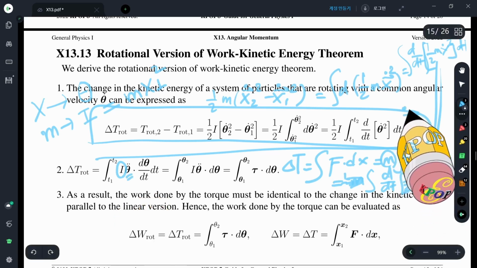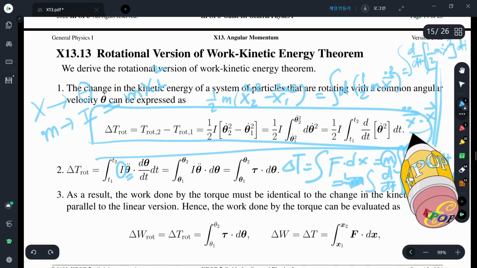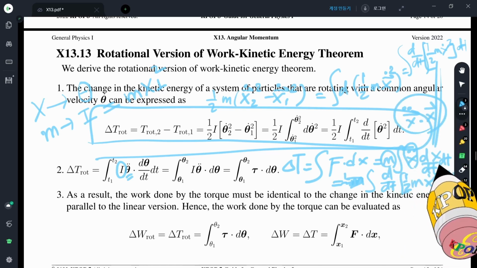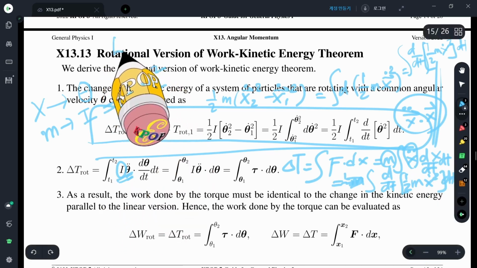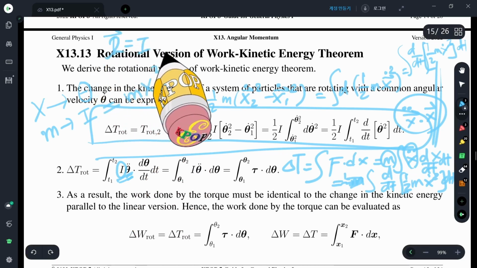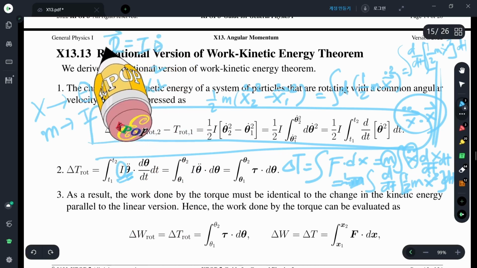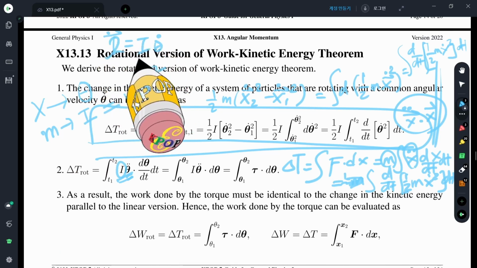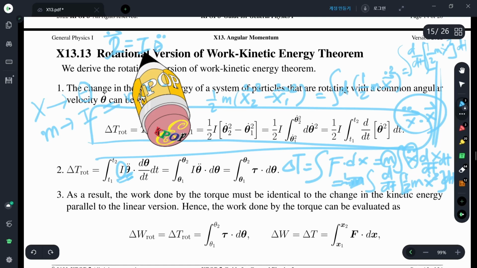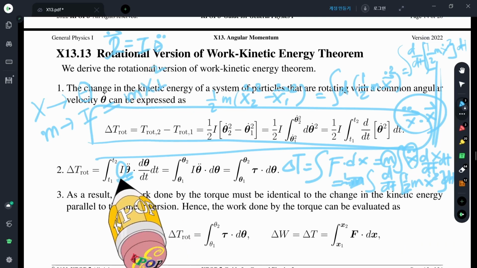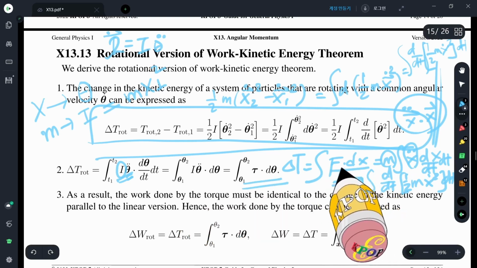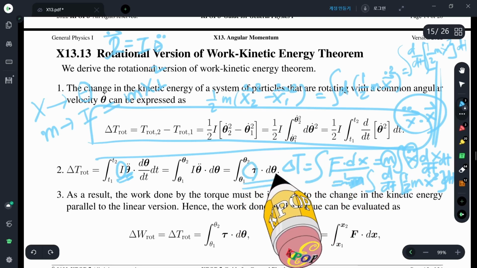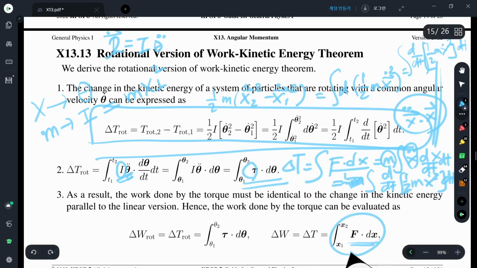This should be correct even if we replace this with a scalar product. And I theta double dot is actually, L equals I theta dot. So L dot, as long as I is invariant, becomes I theta double dot. So this shows f dx is replaced with tau dot d theta. The integral of f dx is the work, and tau dot d theta is the work in the rotation portion.